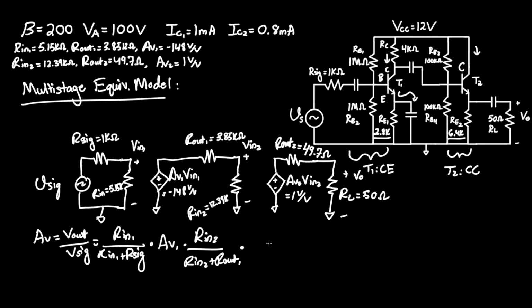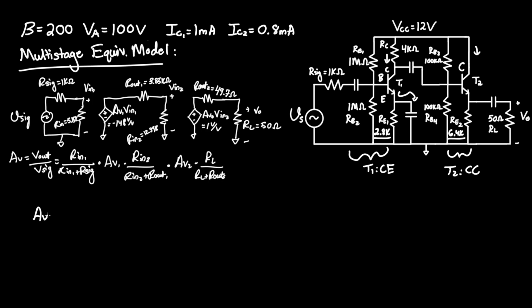And you multiply this by AV2, which you finally are looking at the output of T2, which is the voltage division across RL, since that's where V-out is, over RL plus R-out2. All we need to do is plug in the numbers and we'll have our answer.